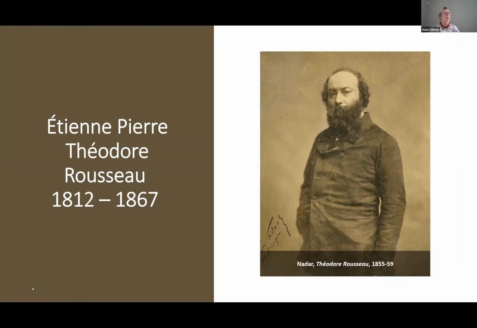He was born in Paris, but his father was from the Jura region in the eastern part of France, a higher type of relief. By the age of 13, he was sent by his father to his native province to do some office work at the sawmill. But there, Théodore learned to appreciate nature.